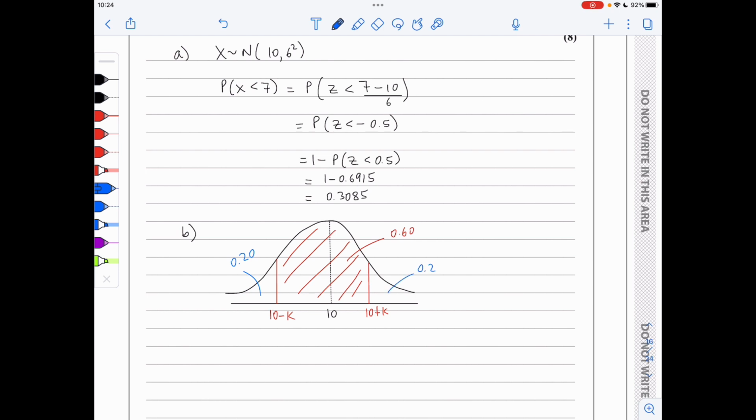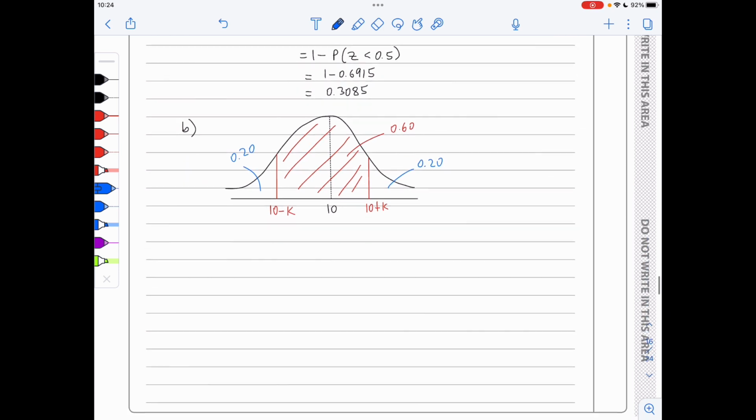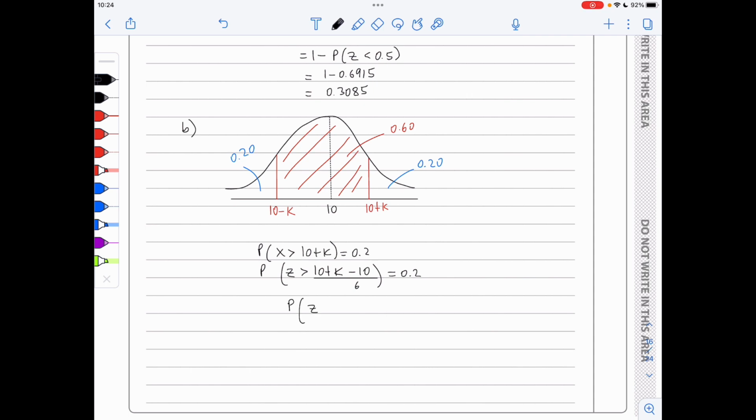So all of these can be written as the probability of x being greater than 10 plus k being equal to 0.2. I will standardize once more. So z greater than 10 plus k minus 10 over 6 is 0.2, which leads to the probability of z greater than k over 6 is 0.2.